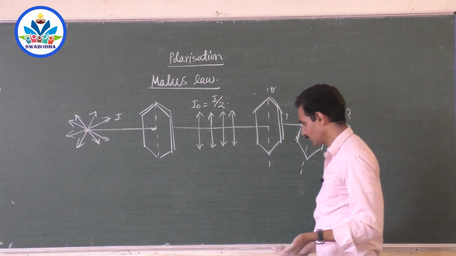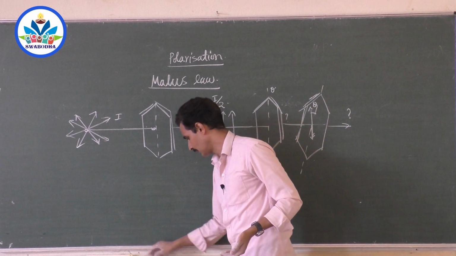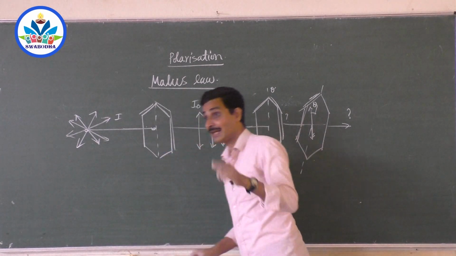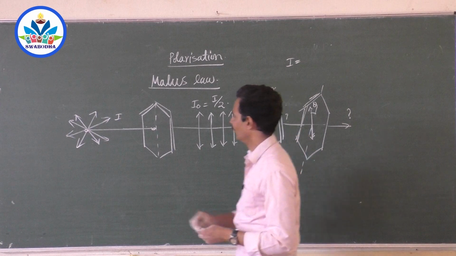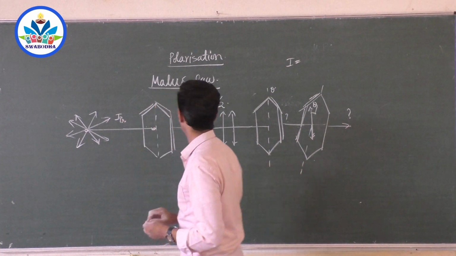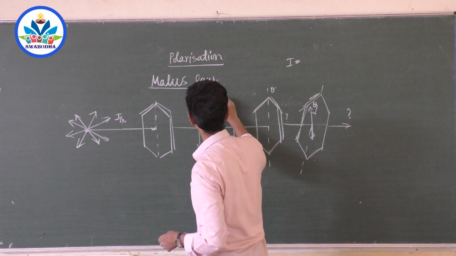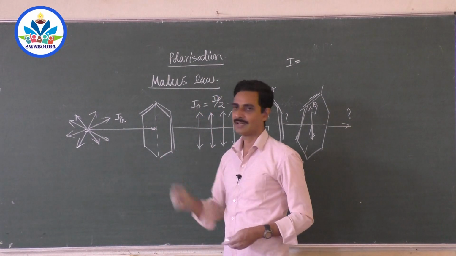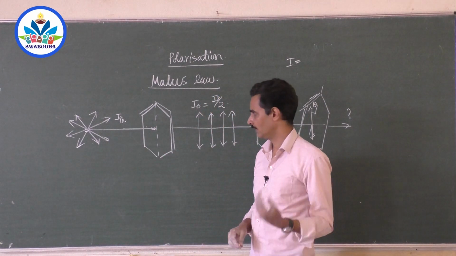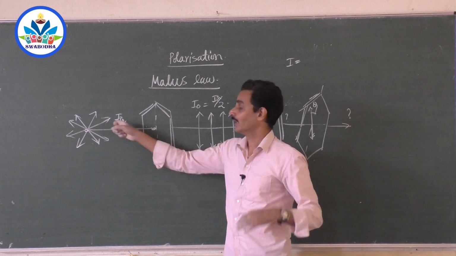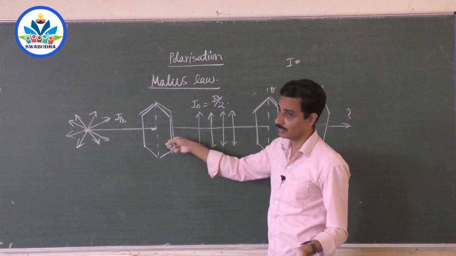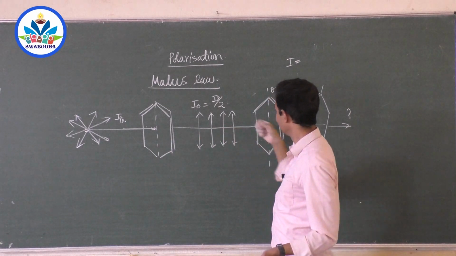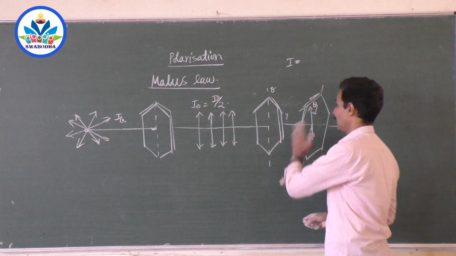So the intensity of the light coming out of an analyzer with its axis inclined at an angle theta: I will call this incident, and this incident by 2, the intensity of the unpolarized light. This is the intensity after coming out of the polarizer, which is incident on the analyzer at some angle.